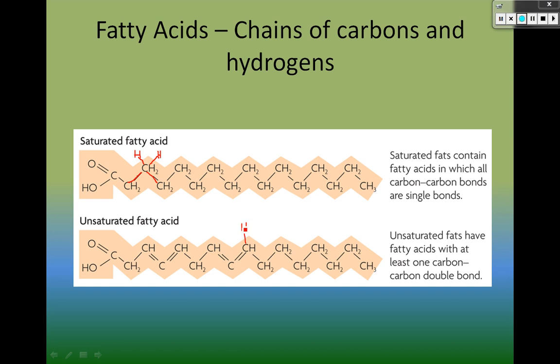So when we say saturated, remember that means you've dissolved as much stuff as you can and the solution is saturated. When we say saturated fatty acid or saturated fat, we mean having as many hydrogens as you can have. So no double bonds. Versus unsaturated fatty acids, where you do have double bonds, and so you don't have as many hydrogens.